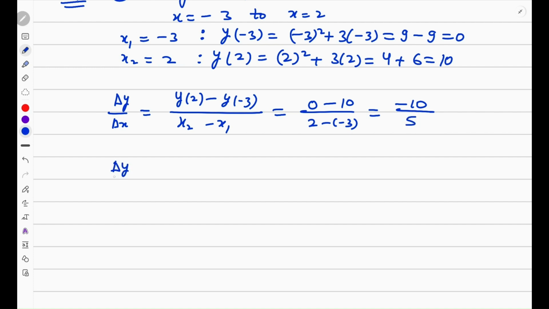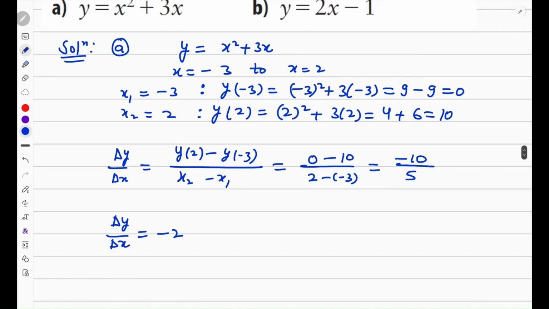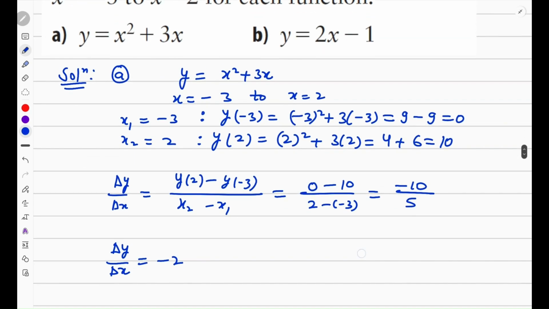So delta y over delta x, which is the average rate of change, is minus 2. Oh, it is basically 10 minus 0. So y2 is 10 and y at minus 3 is 0. So it is actually plus 2.